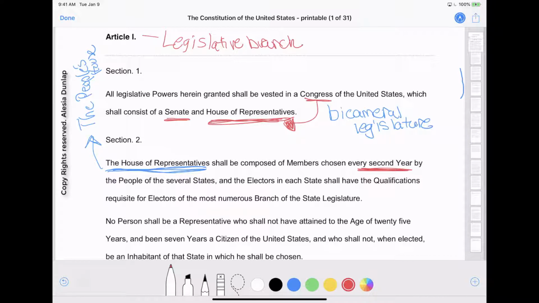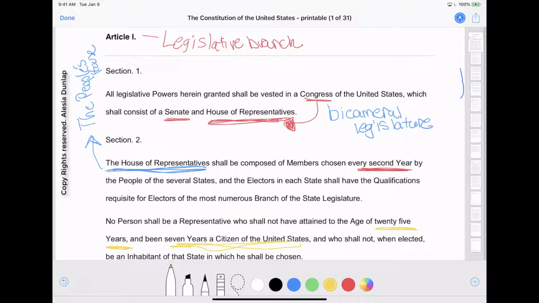So, what are the qualifications for a person to be a member of the House of Representatives? Here are the qualifications. First off, you have to be 25 years old. Second, you have to be a citizen of the United States for 7 years.